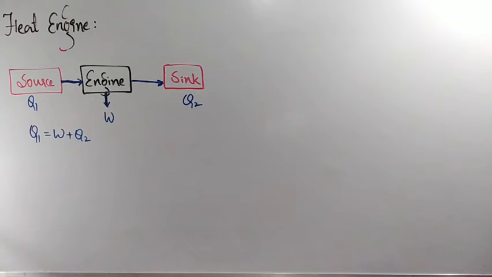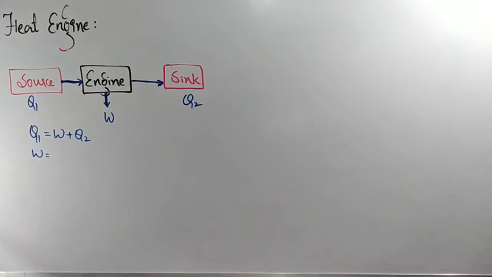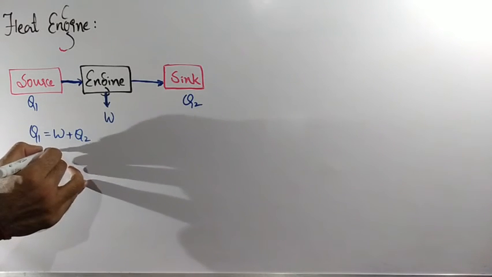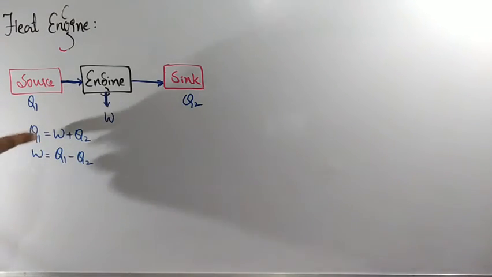That means Q1 is equal to W plus Q2. If I want to separate the work done, W is equal to Q1 minus Q2, correct? So the work done equation is Q1 minus Q2.